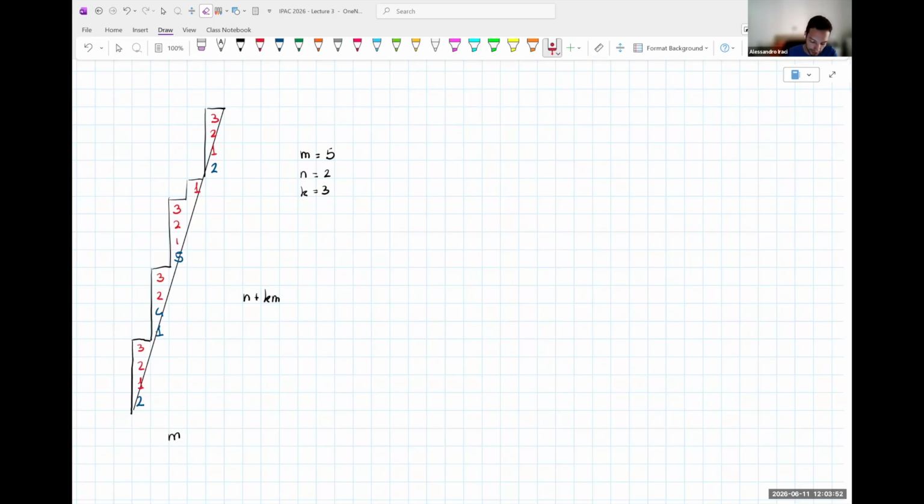In practice, that means that the big labels can go up to k, which is 3 in this case, and they have to be placed in a very specific order, something we're going to show in a second. So this is the height.